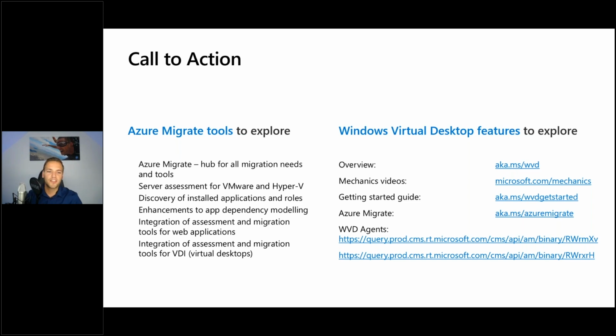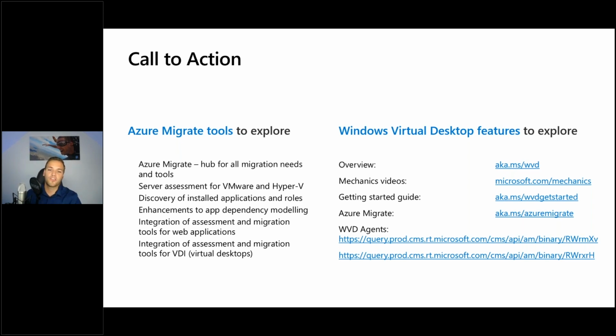As a call to action, to get some homework and to learn something more about Windows Virtual Desktop as well as Azure Migrate: where can you find the Windows Virtual Desktop agents that I just explained, to connect to the brokering service? All kinds of great information can be found in this slide at aka.ms/WVD.